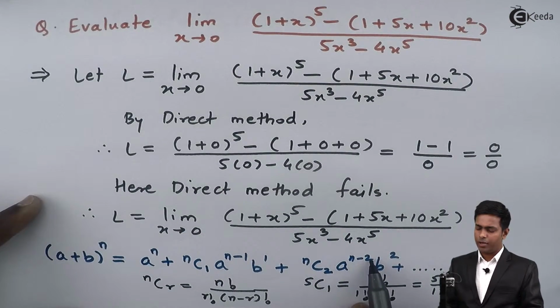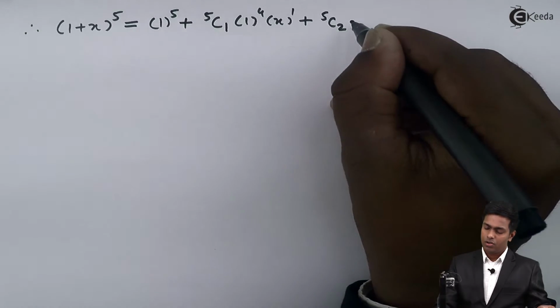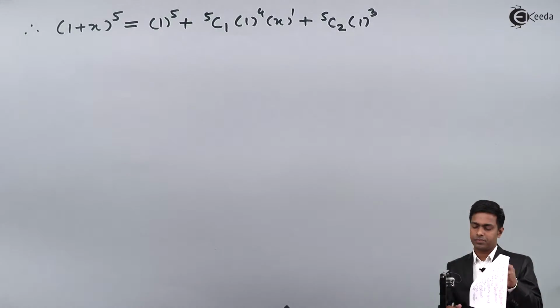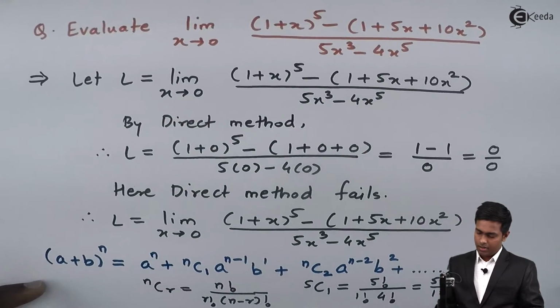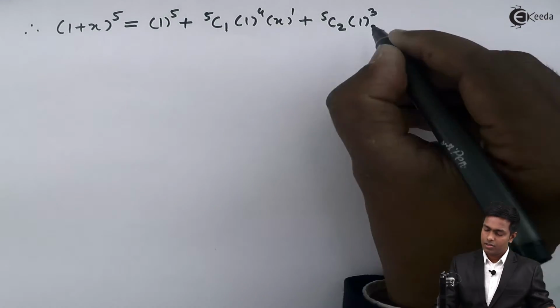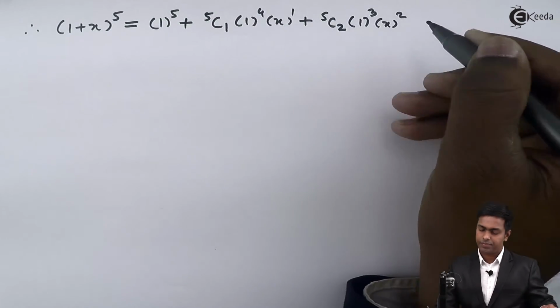Next a raised to n minus 2, n is 5, so 5 minus 2 is 3, a is 1, so 1 raised to 3. b square, b is x, so x square.